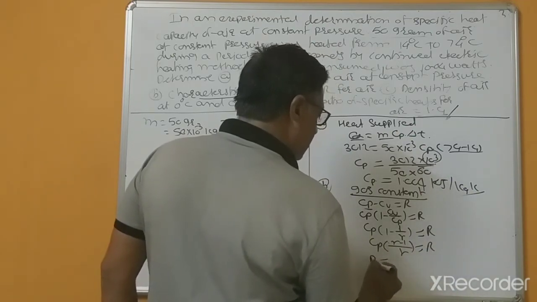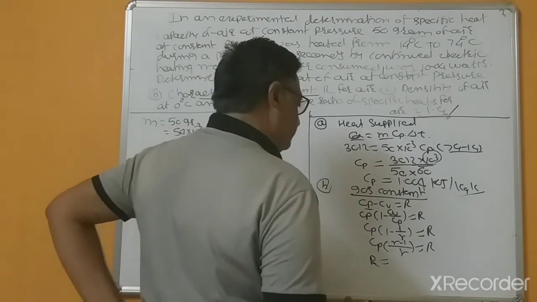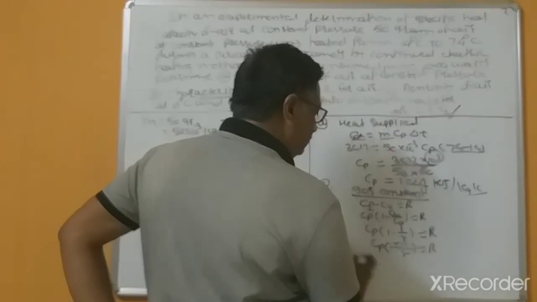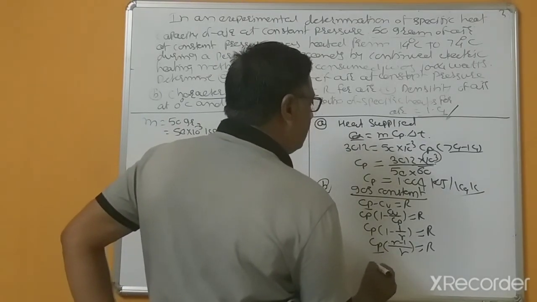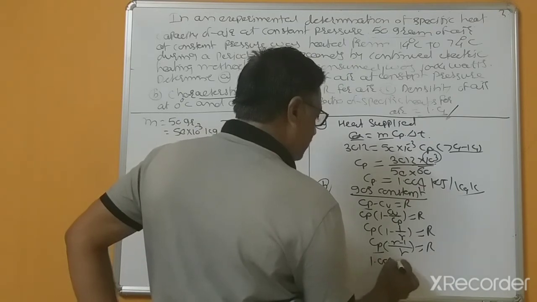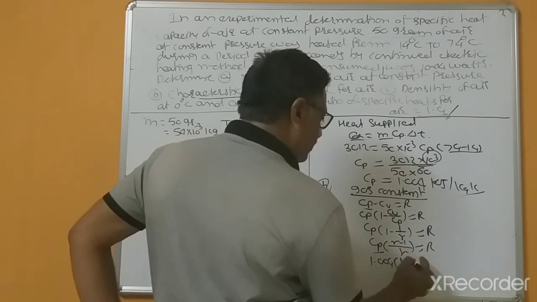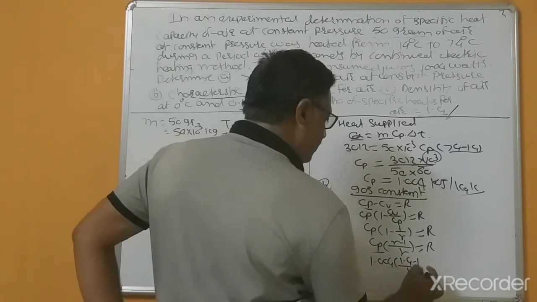Or R equal to Cp, 1.04, into gamma minus 1, 1.4 minus 1, divided by gamma, 1.4.